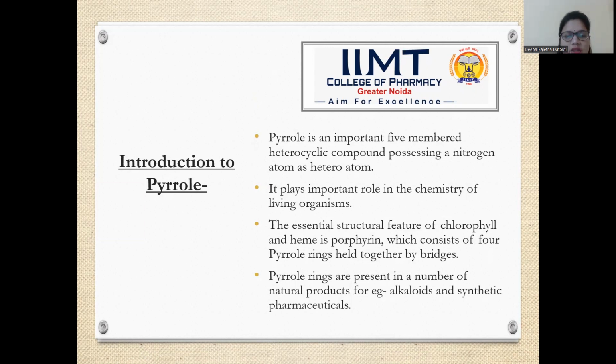The essential structural feature of chlorophyll and heme is porphyrin, which consists of four pyrrole rings held together by bridges. Pyrrole rings are present in a number of natural products, for example, alkaloids, hemoglobins, synthetic pharmaceuticals, and chlorophyll.